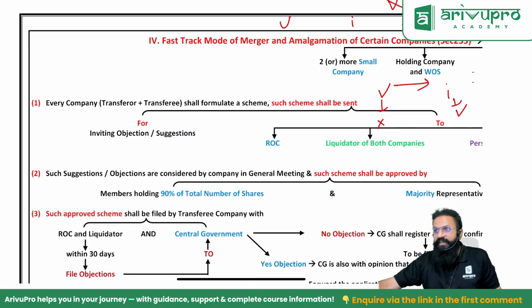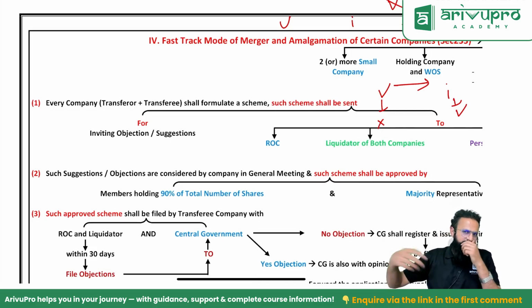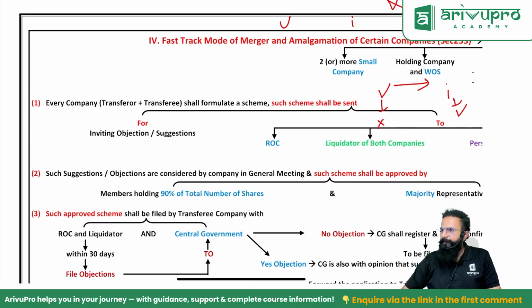If your transferor was listed, the transferee won't automatically be listed unless an exclusive application is made, and whatever authorized capital fees were paid will be set off in the new company's name. Agreed? Whatever order is passed by the NCLT will be filed with the ROC within 30 days.